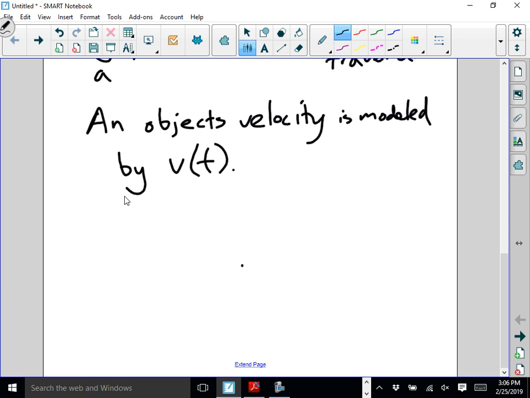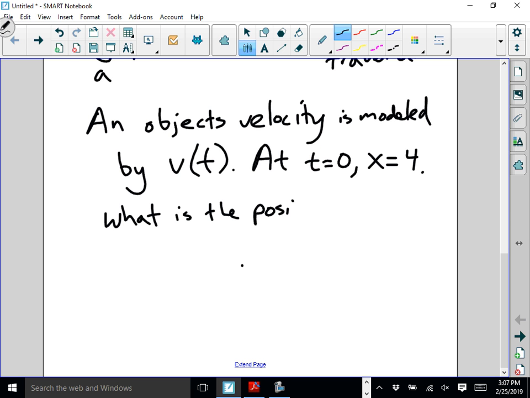At t equals 0, the position x is 4. So at t equals 0, this object has a position of 4. What is the position at t equals 10?